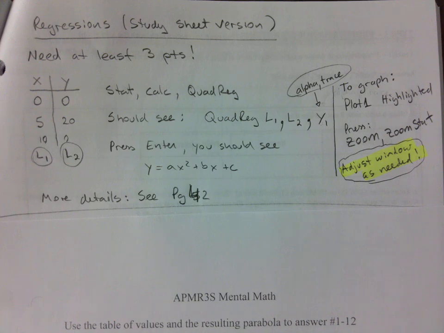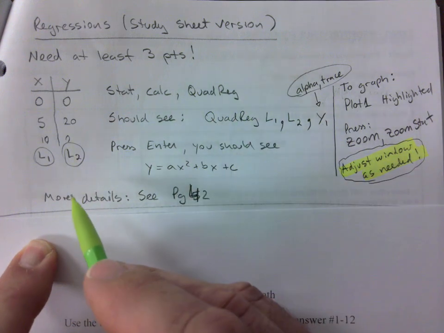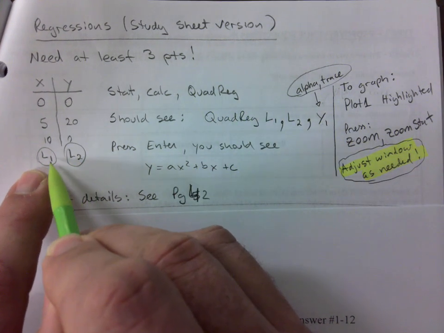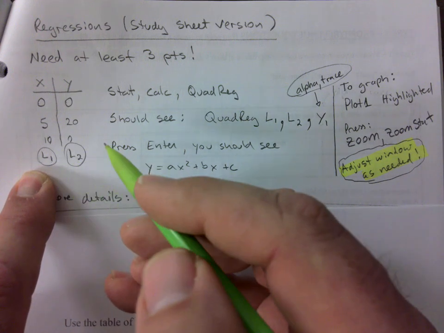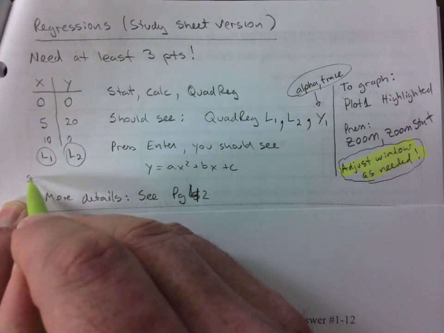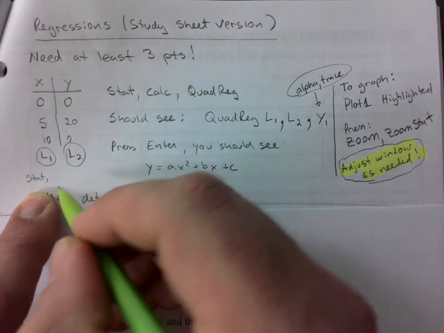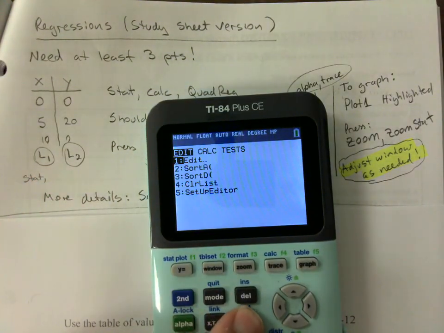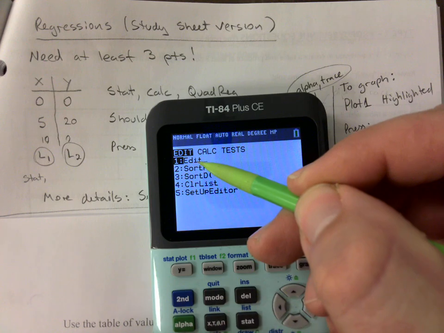Okay, one second here, so make sure you pay attention. Back to the study sheet entry for this. I'm thinking you might have to review how to get to L1 and L2. To get to L1, you press stat and then edit, right?